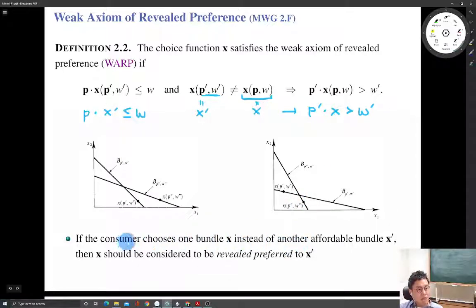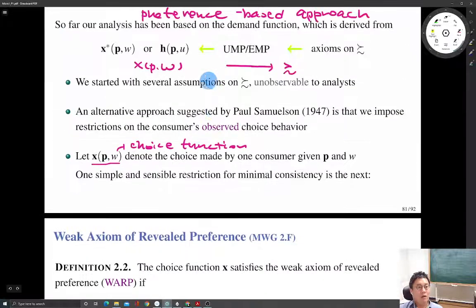If the consumer chooses one bundle instead of another, then the former should be considered to be revealed preferred to X prime. Yeah, so the weak axiom can be thought of as the completeness assumption we made on the preference relation. Okay, so once again, in the revealed preference approach, we are trying to deduce the preference ranking from the observed data. Okay, but if we assume WARP on this choice function, then the deduced preference ranking is going to be complete.